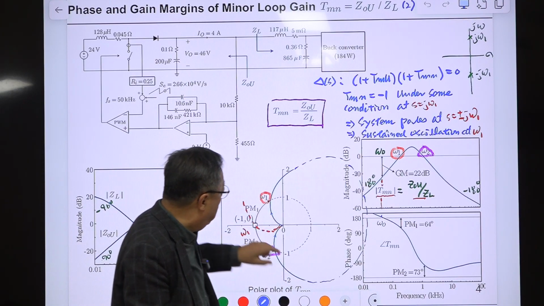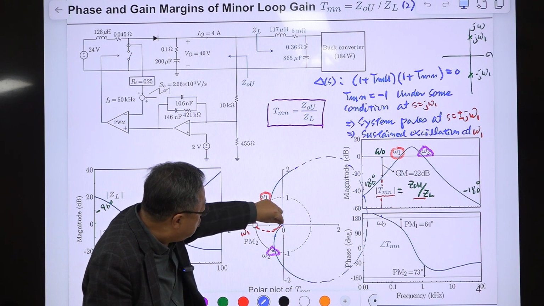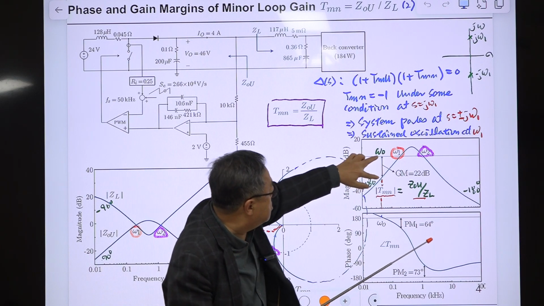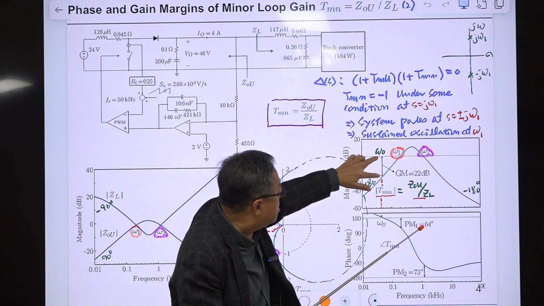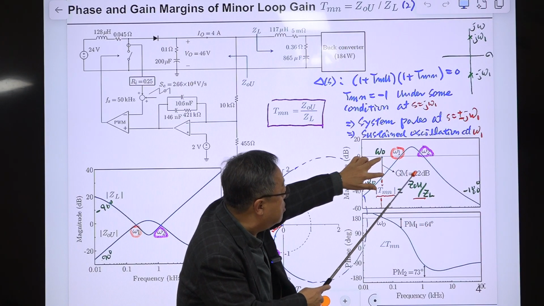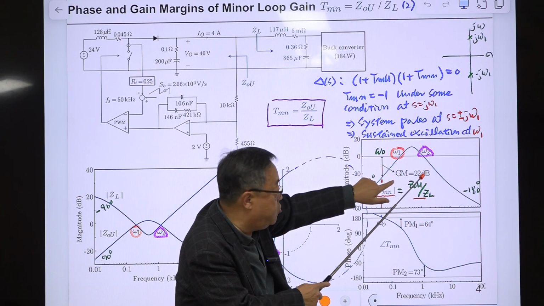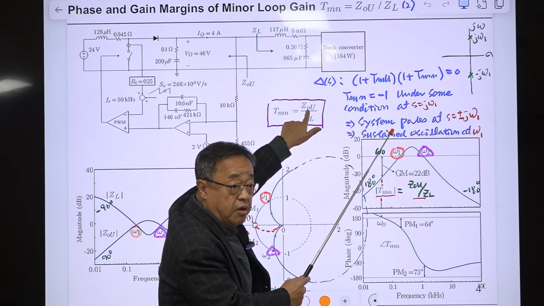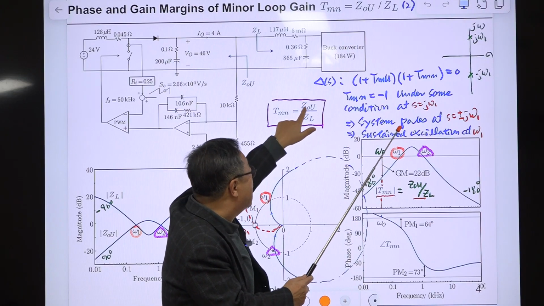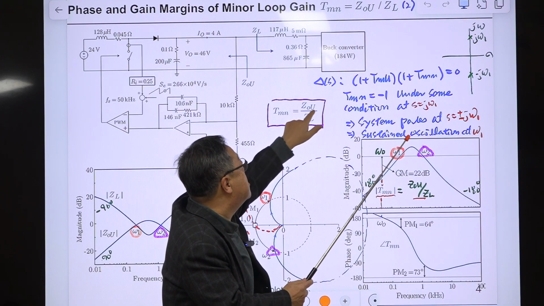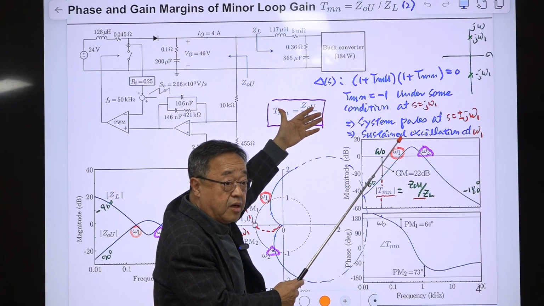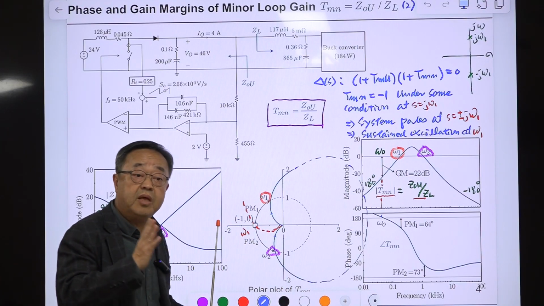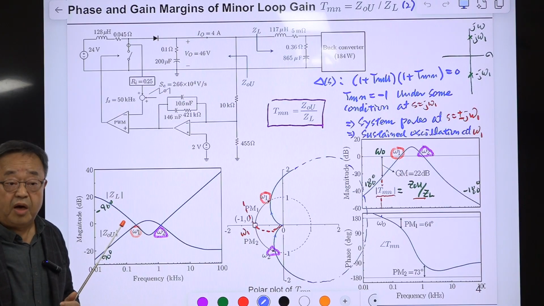In this graph it is too small and you cannot see it, but in the Bode plot it is a fairly large distance, and the gain margin is 22 dB. So if you increase the gain of the whole thing, only maybe the upstairs one, you can increase it up to 10 times without being unstable, without oscillation.